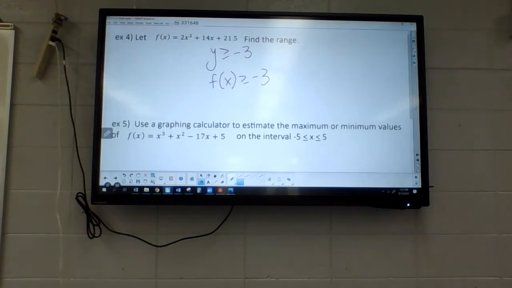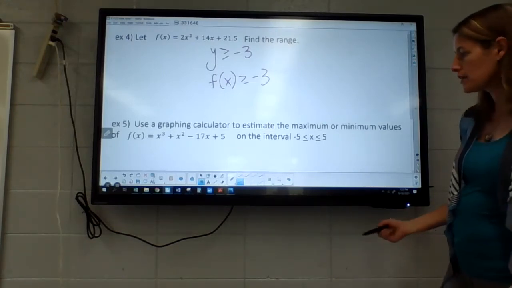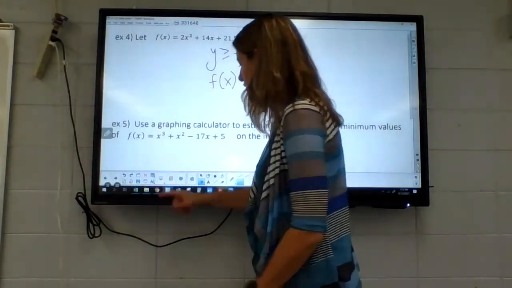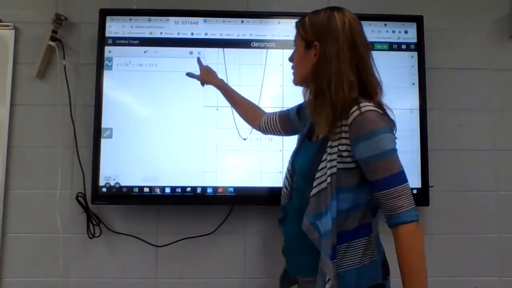Now this next one wants us to look at just a section of the graph. It wants to use a particular interval and just talk about maximum or minimum values, and it says to estimate them, so we don't have to have them be perfect. But again, grab whatever graphing utility you're using.